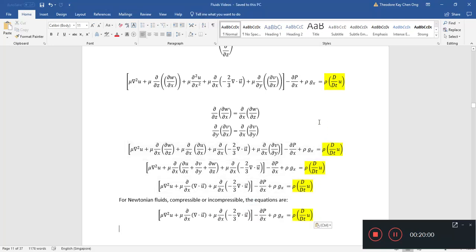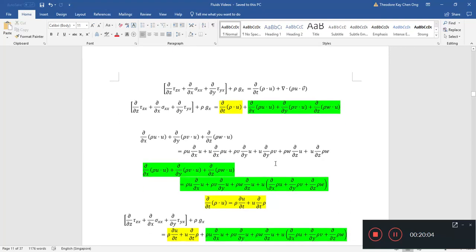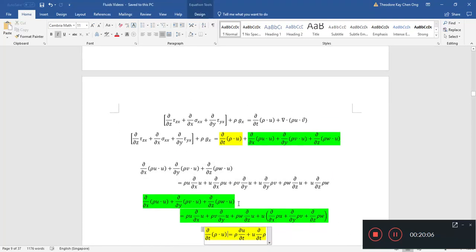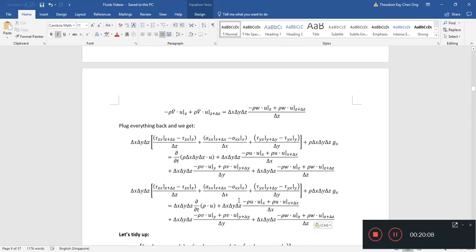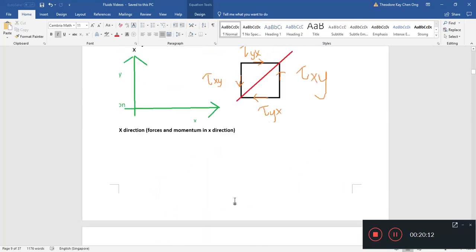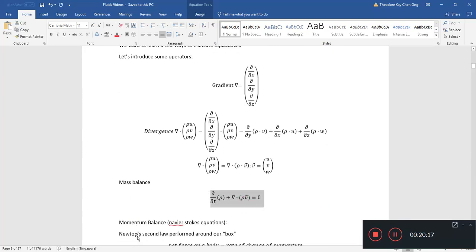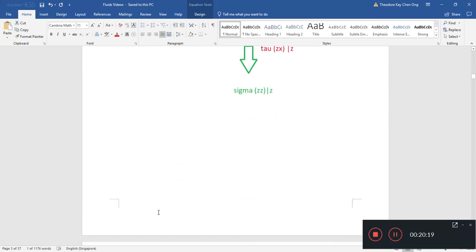And then we have our mass balance as well. Our mass balance should be somewhere on top. There you go.